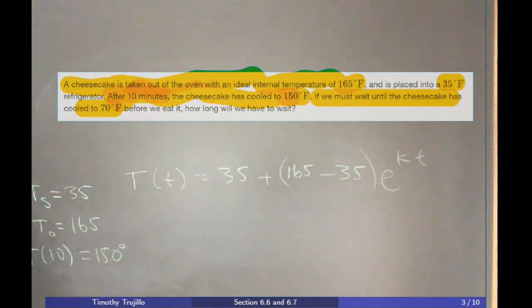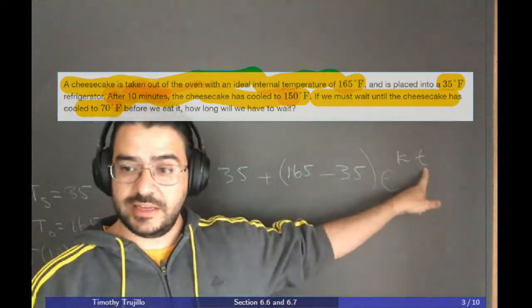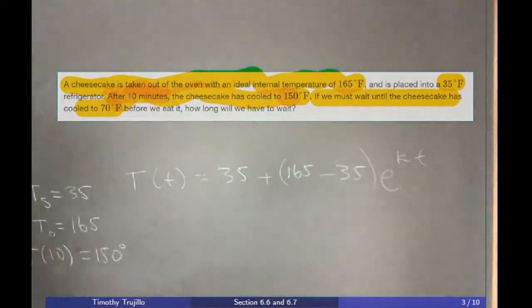And you can use that information now in order to solve for this value of k, because in this case you'll plug in 10 for t. So let me give you a few moments to try and write that out and simplify the resulting equations as much as you can, and from there we'll talk about how you solve for k.